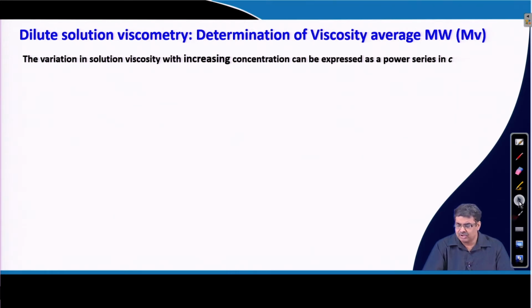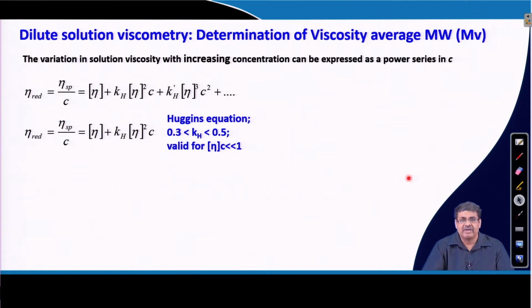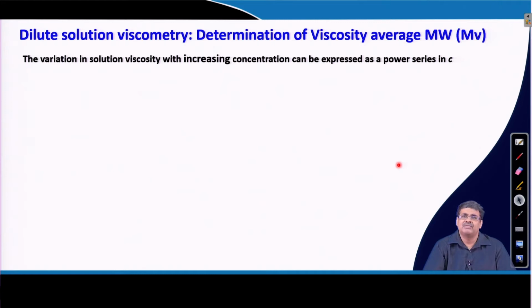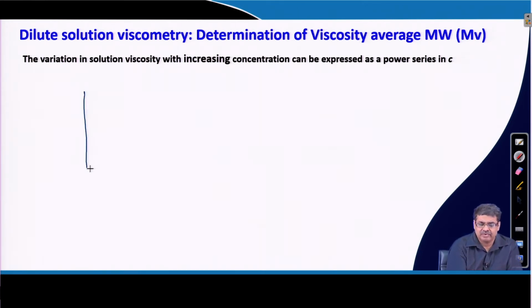But if we do not know the value of K and A, then how can we find out? So, in that case we need a calibration. We need to find out log eta and log Mv, and we need a calibration from which we can get log K and A value.